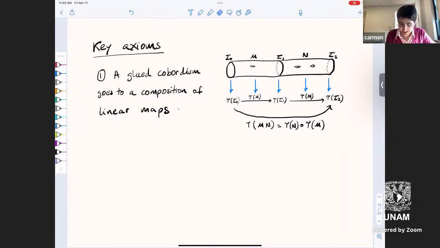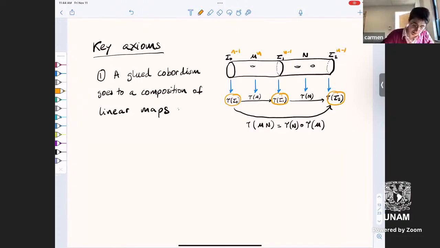One of them is that when you glue cobordisms, like you're seeing in the picture here, two glued cobordisms glued along a certain boundary, this sigma 1 boundary, that is going to correspond to composition of linear maps. Let's analyze the picture for a second. I have my n-1 dimensional manifolds. This is n-dimensional, n-1, n-1. So if I look at what my functor is doing, I get vector space, vector space, vector space.